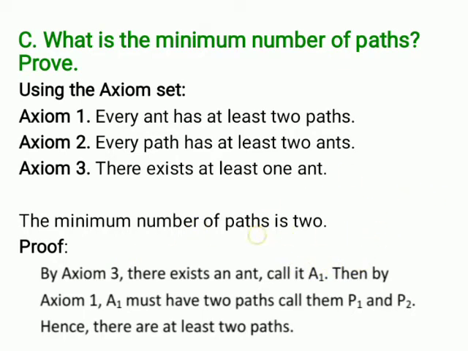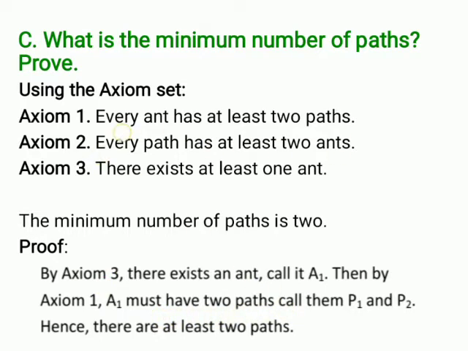So, we use again axiom 3 and 1 to prove this one. So, here in our proof, by axiom 3, there exists an ant. Ganun din. There exists at least one ant. Call it A sub 1 or ant sub 1. Then, by axiom 1, every ant has at least 2 paths. A sub 1 or ant sub 1 must have 2 paths.